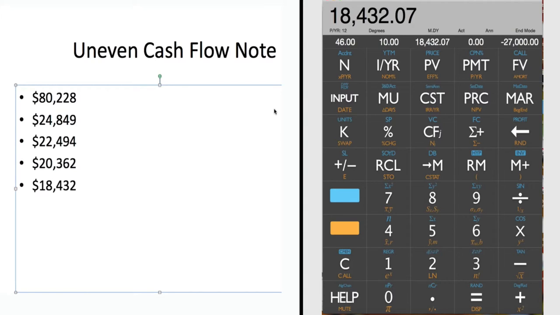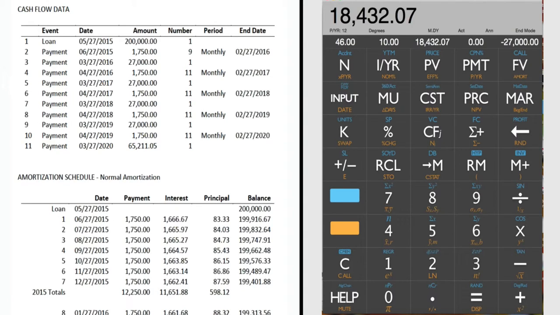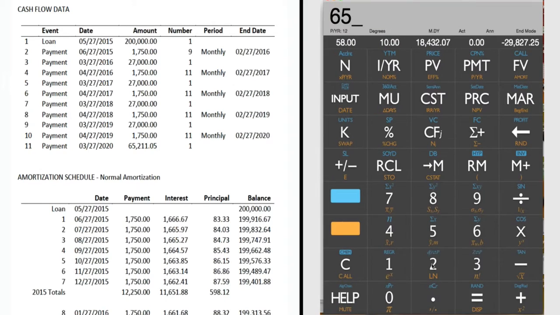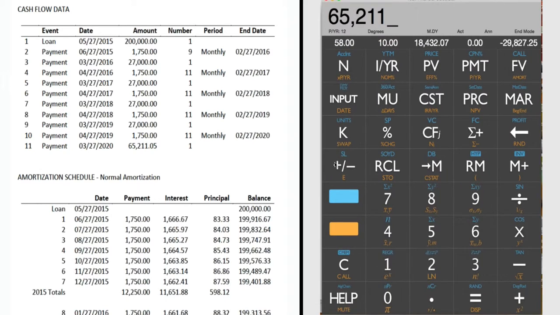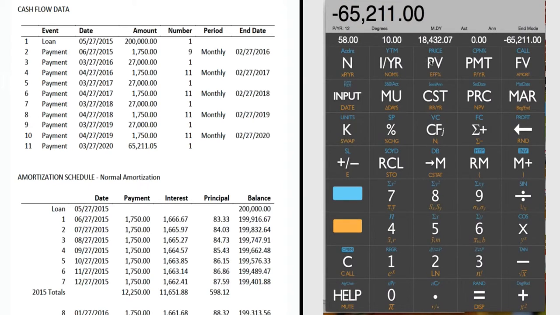And then finally, I got the last one of, recall this plus 12 equals 58 months from now, not 27, but 65. Oops, dang it. 65,211 is the final balloon payment. And what can I pay for that? Okay, 40,297.